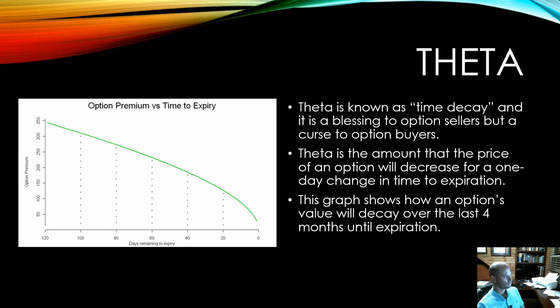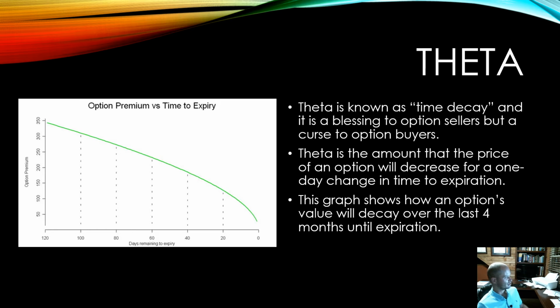As you can see on this graph, your option's premium is going to be on the y-axis, and your time to expiration is going to be on the x-axis. So you have, say, 120 days out, 4 months out. You have a lot of extrinsic value or time value built into that option's premium.